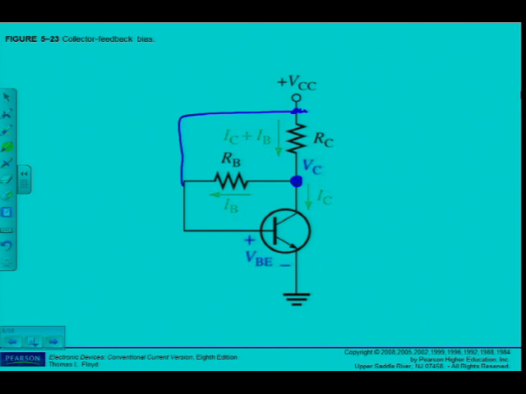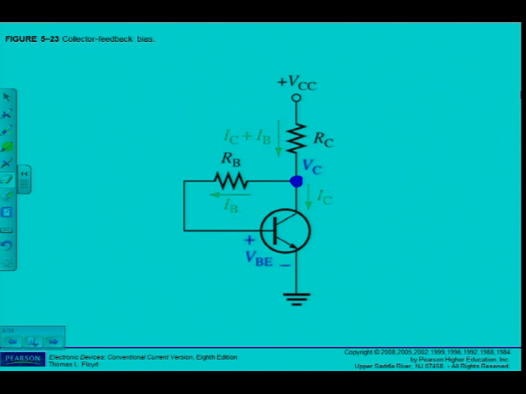So what is going to happen in this case? Okay, what was the problem? Changes in beta DC. The biasing circuits are too dependent on beta DC. So beta changes with temperature and with changes in collector current. So that is a problem.